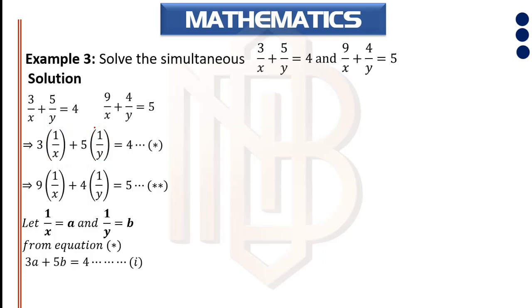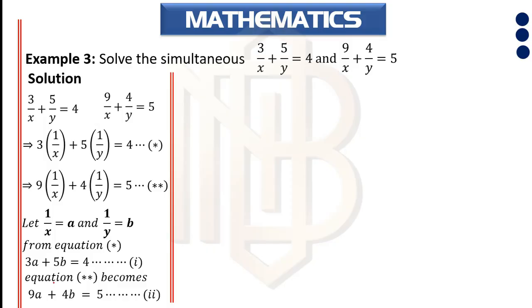Okay. So if we do the same for equation 2, what do we have? We have 9a plus 4b equals to 5. That's equation 2. So now we solve the equation 1 and 2 simultaneously. Okay, let's say we want to use the elimination method.